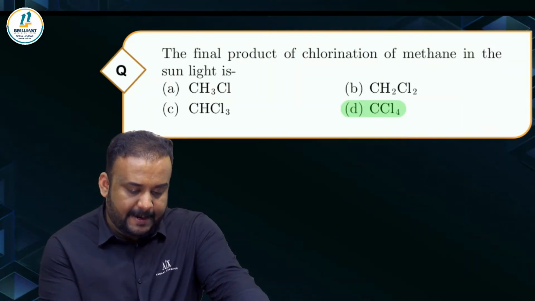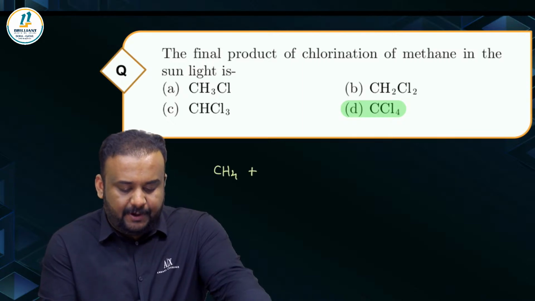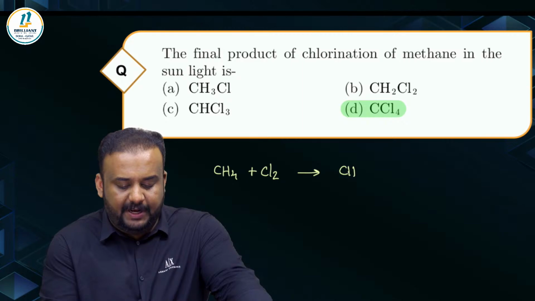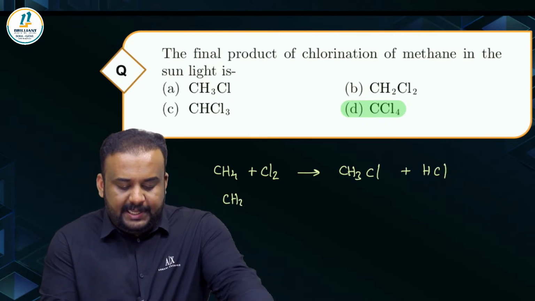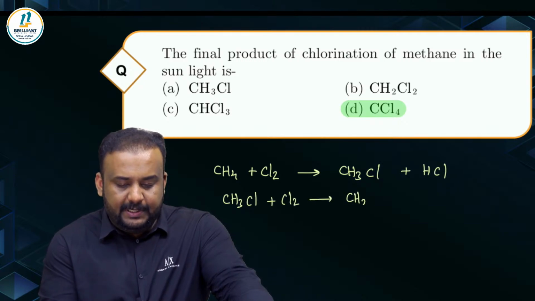I will write down here. First step is CH4 plus Cl2 in presence of sunlight will give you CH3Cl plus HCl. Then CH3Cl will react with another chlorine in sunlight to produce CH2Cl2 plus HCl.